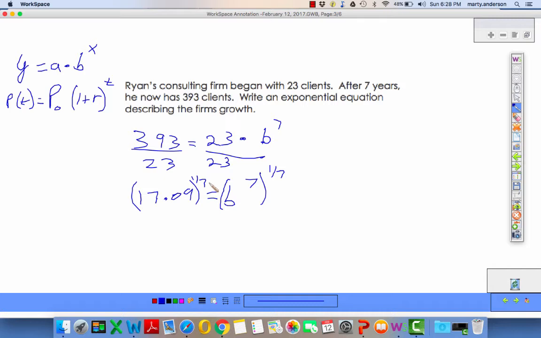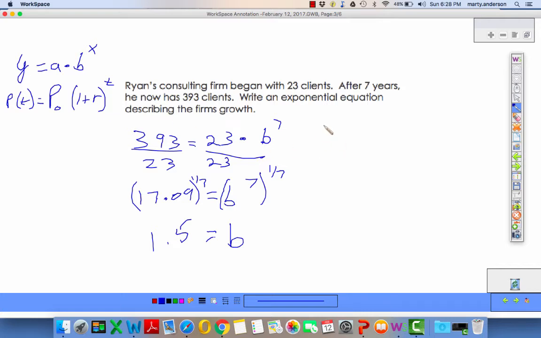I got 1.5. Did anybody get 1.5? So that's going to be my growth rate. Really, if you think about it as 1 plus r, he's gaining 50% per year.